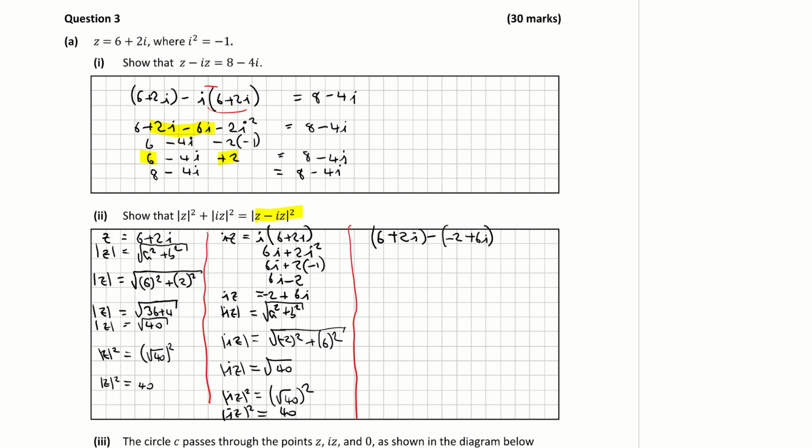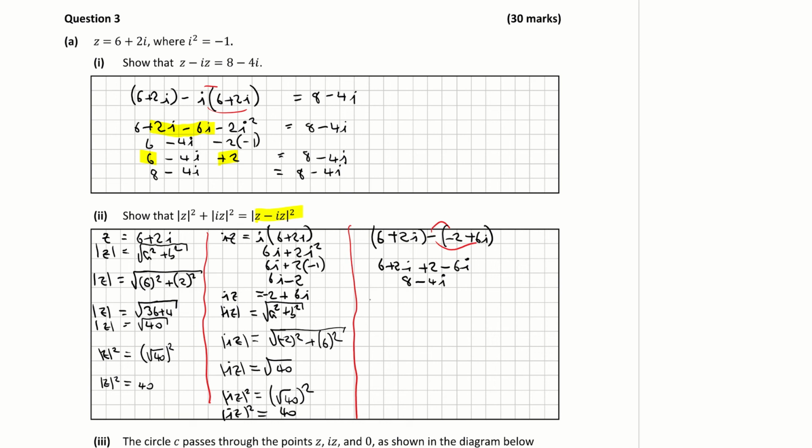So that was the second part we just did. Multiplying that minus into this bracket here, that would give me 6 plus 2i, minus by minus is plus 2, minus by the positive gives me a negative 6i. Tidying all that up would give me 8 minus 4i.